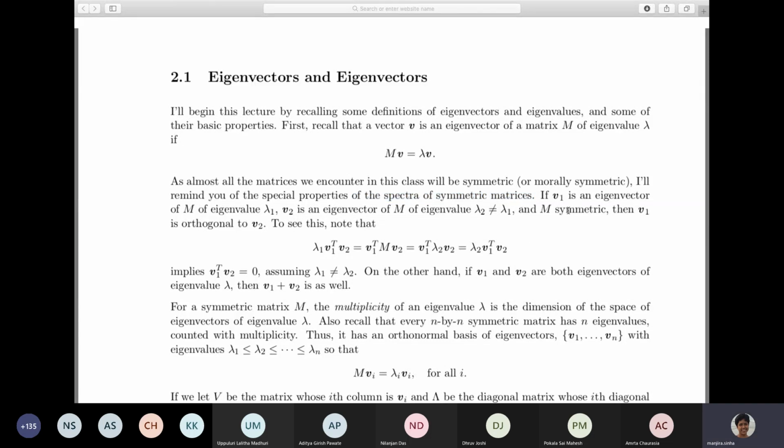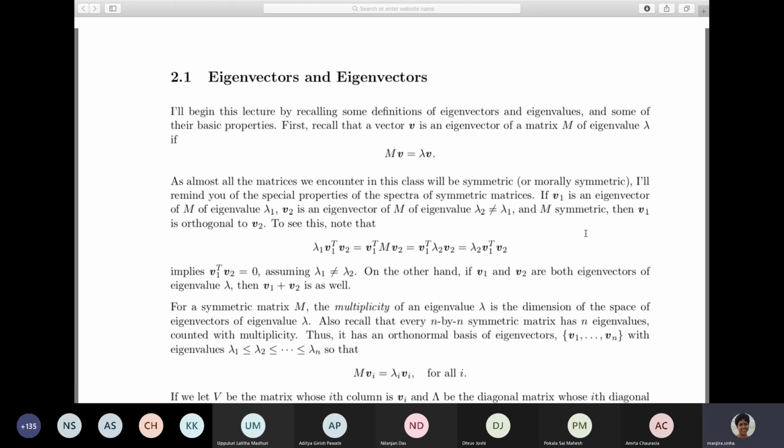Say v1 is an eigenvector of M with eigenvalue lambda 1, and v2 is another eigenvector of M with eigenvalue lambda 2, where lambda 1 and lambda 2 are different.